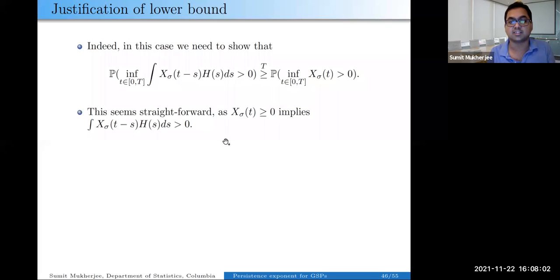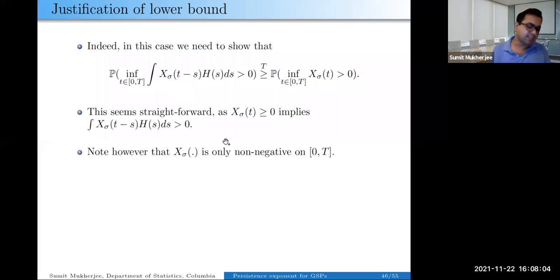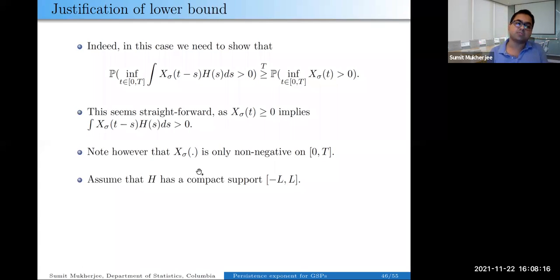Well, there's a slight catch. This event here just demands non-negativity on 0 to t, and while doing this integral, we may go a bit outside 0 to t. To make this work, let's assume that H has compact support. In general, the H on the last slide is not compactly supported, but then we proceed via truncation and show that the truncation can be controlled by a Borel test. But now H has compact support.